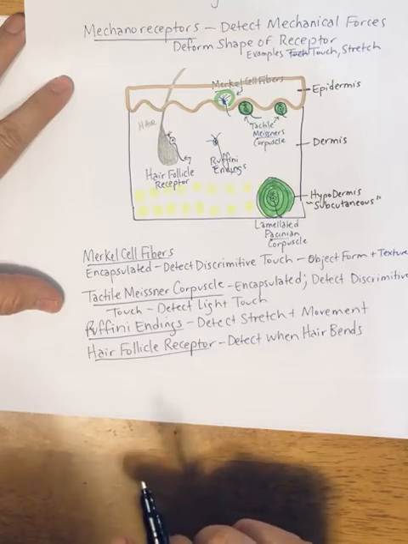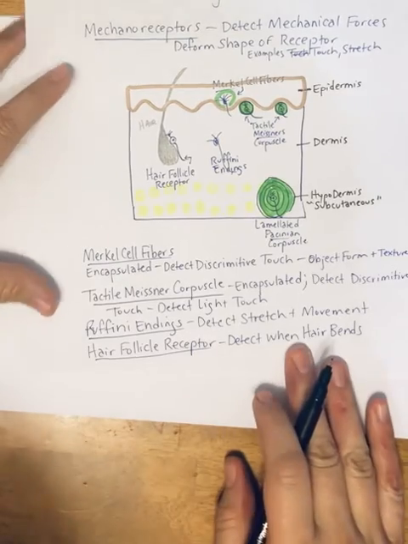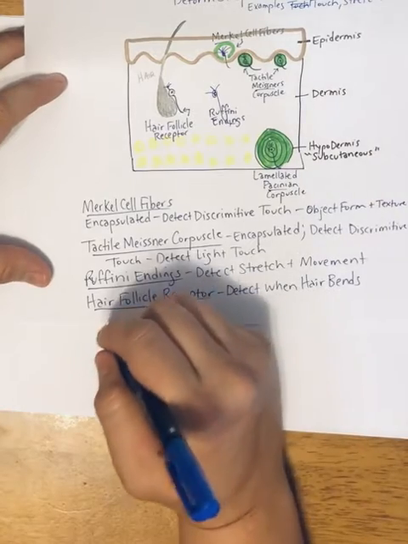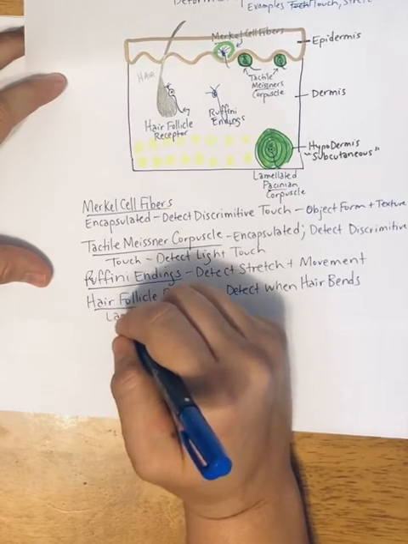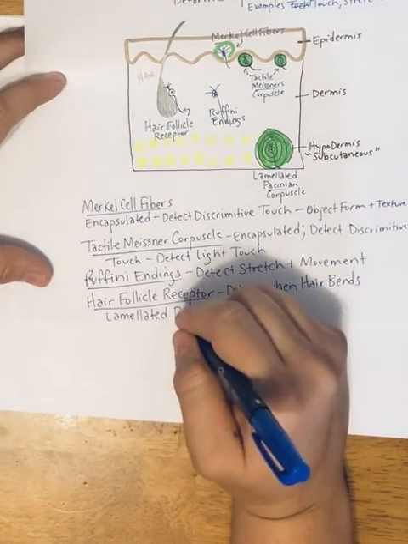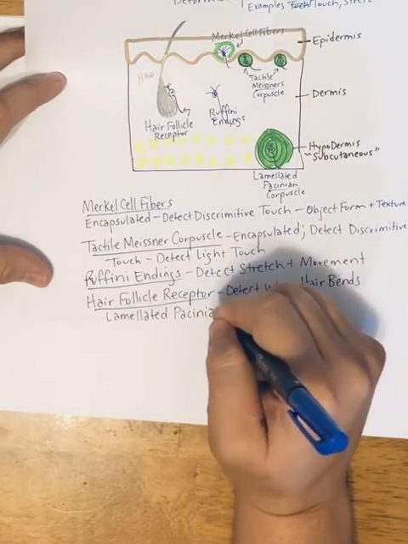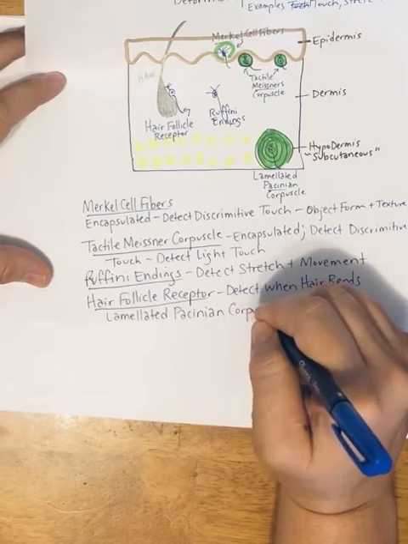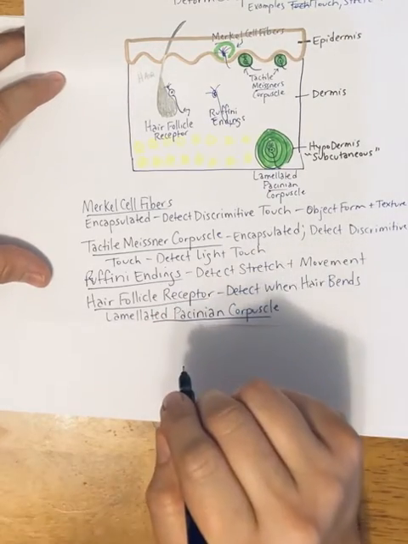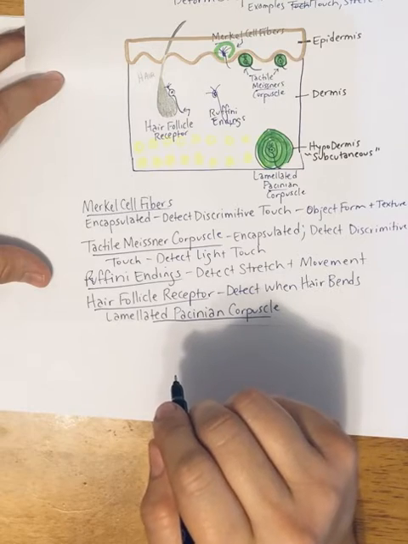It's like, feels so good to them. Okay, the last one is your lamellated Pacinian, for the guy who named it, corpuscle. I like the names of the scientists. I feel like if I found something, it'd be kind of cool to put my name on it.